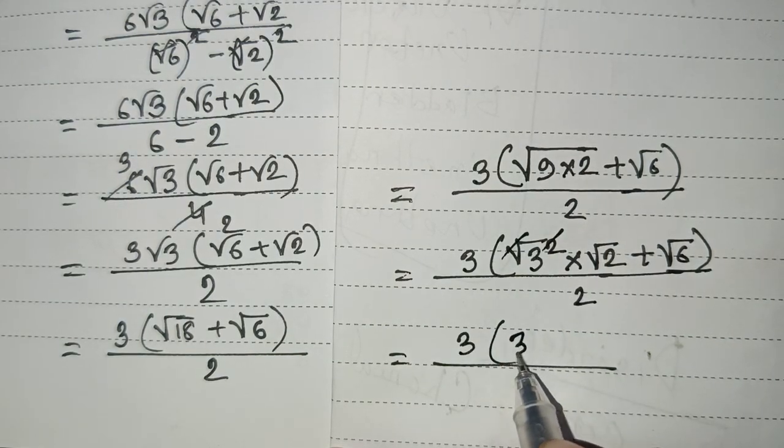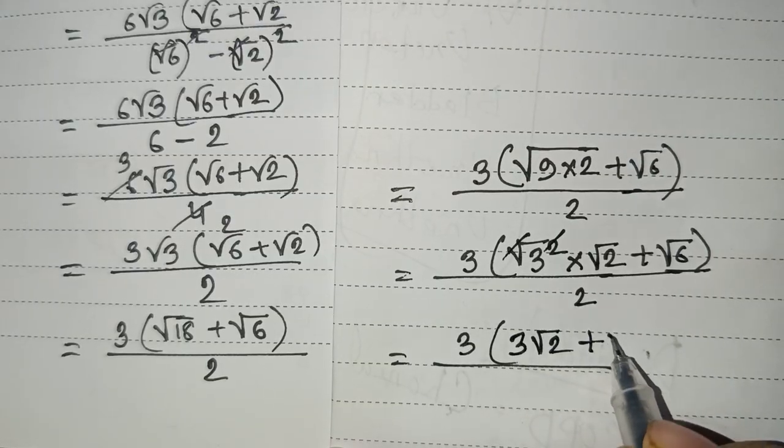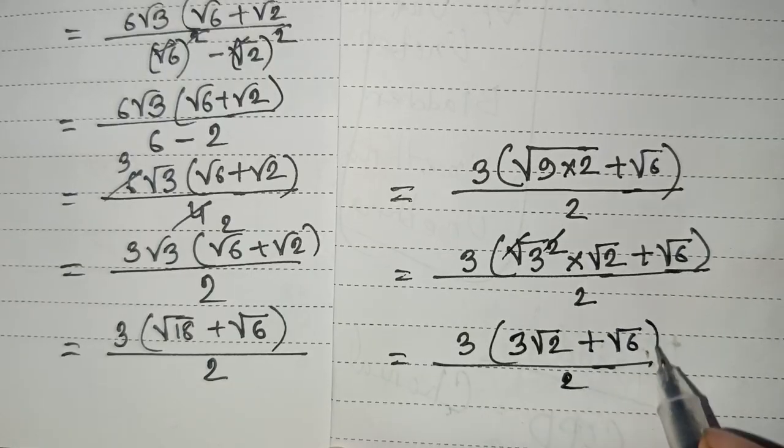We have 3 root of 2 plus root of 6 all over 2.